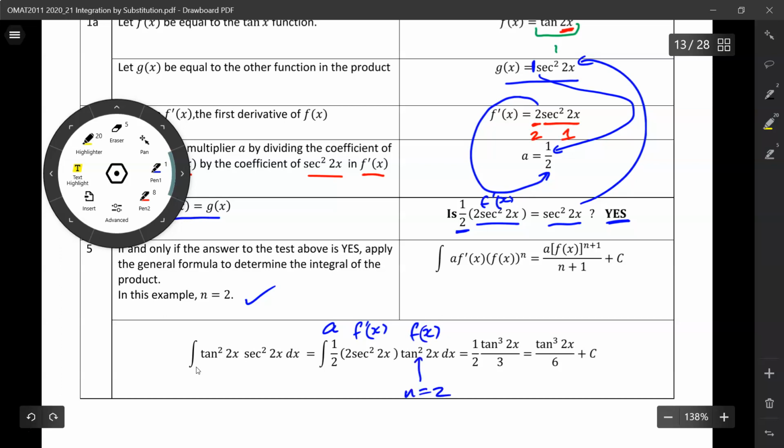So what we get here is a, then n was equal to 2, so n is increased to 3, and then we divide by the raised power, so we divide by the 3. What this gives us is tan of 2x cubed divided by 2 times 3, giving us 6. There'll be one of those in the handout as well. Okay, that one's tough. That's handy, and that's a hard one. That takes a little bit of getting used to.